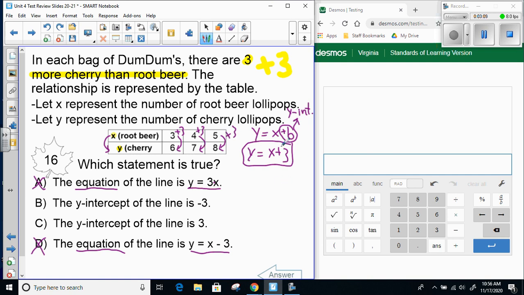Our y-intercept here from this equation is plus 3 because the plus 3 is written in the same spot as plus b, which we know represents our y-intercept. I also know that my y-intercept would be 3 because the y-intercept is where x is 0. If x were 0, my rule is plus 3. That makes y 3 here. So the y-intercept of the line is 3, and the best choice here is answer C.